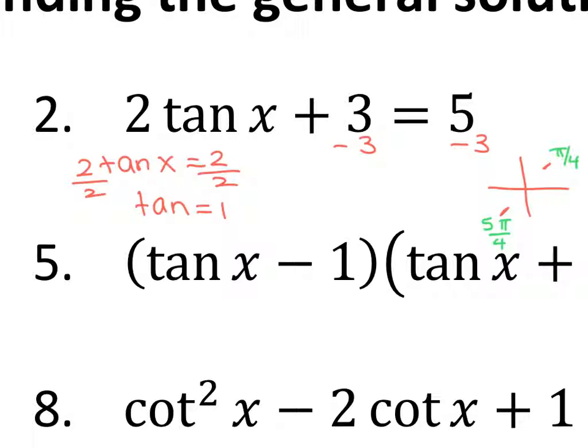Now remember, pi over 4 and 5 pi over 4 are diagonal from each other, and since the period of the tangent is pi, if I only mention one of the angles plus k pi, that will take care of both angles. So x is equal to pi over 4 plus k pi. And that would be the solution for all real numbers.